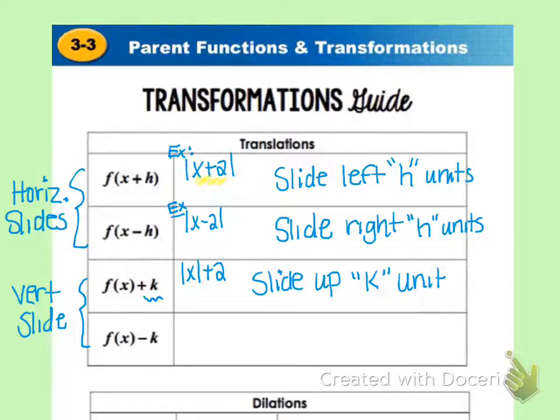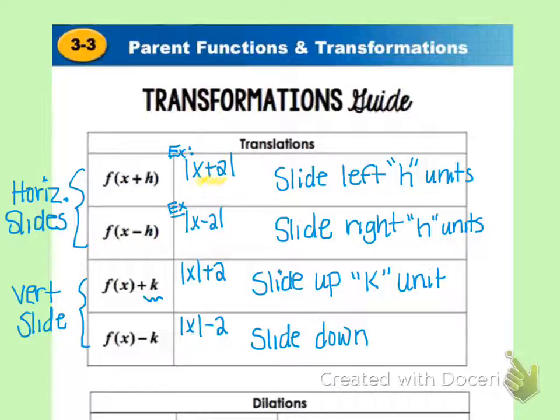So following that same pattern then, if we had the example that looks like this one, it was the absolute value of x minus 2. And so in this case, this would be a slide down, because I'm subtracting 2, and it's behaving as I think, because x lies to you, but y tells you the truth. Just a little joke to go along with that to help us remember that if they lie to you, they're going to be your x.